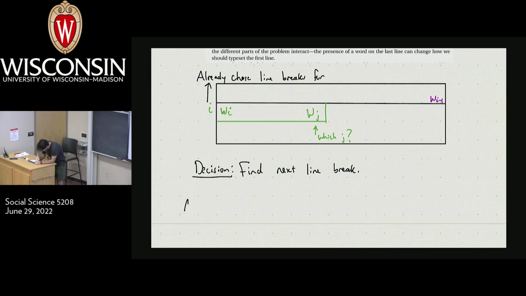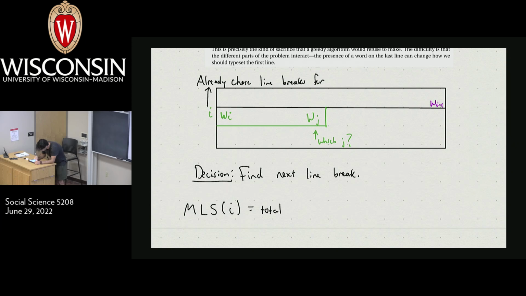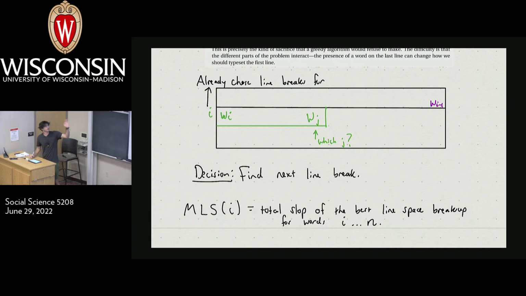So let's call it minimize line space of I. This is going to be the total slop of the best line space breakup for words I through N. So we just have words I through N left to decide on, and our goal is to pick a line space to optimize the remainder of the paragraph.